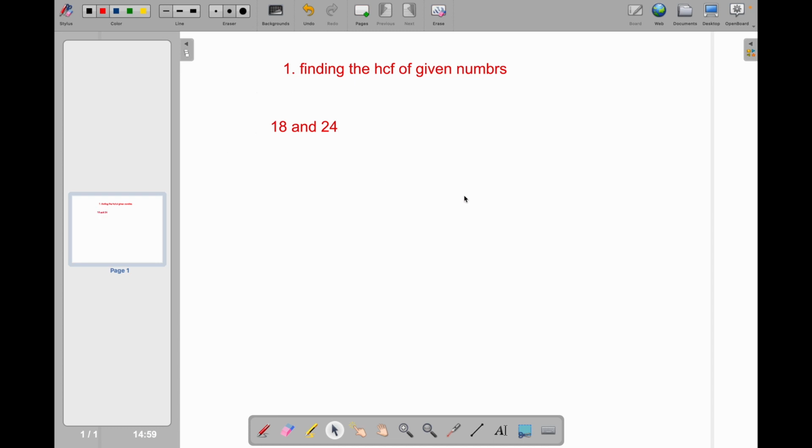So we have different methods to do this. The first method is something familiar. We did that before. So factors of 18: we have 1, 2, 3, 6, 9, 18.